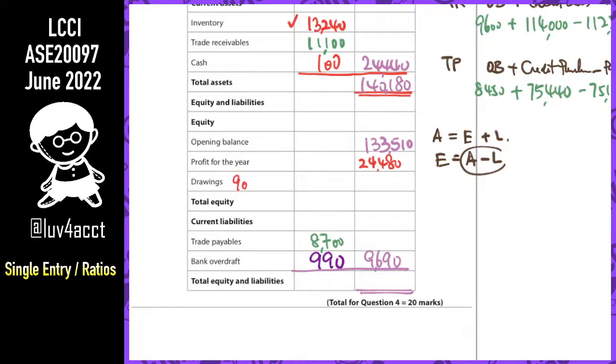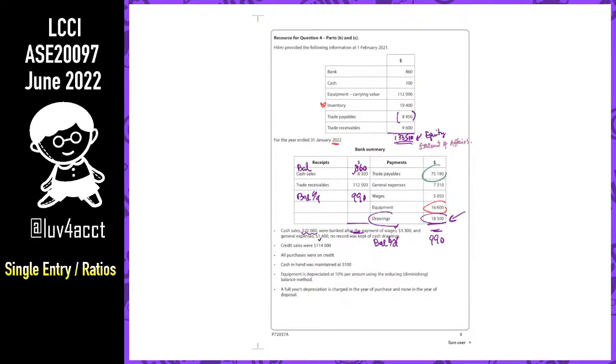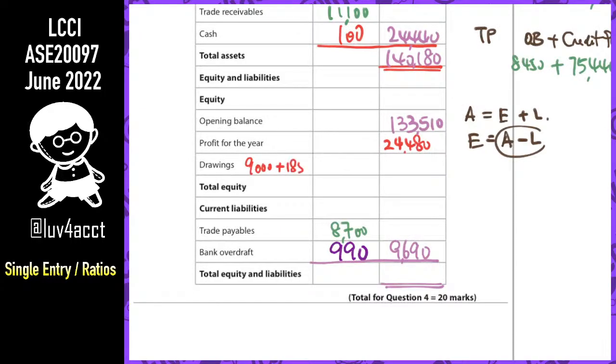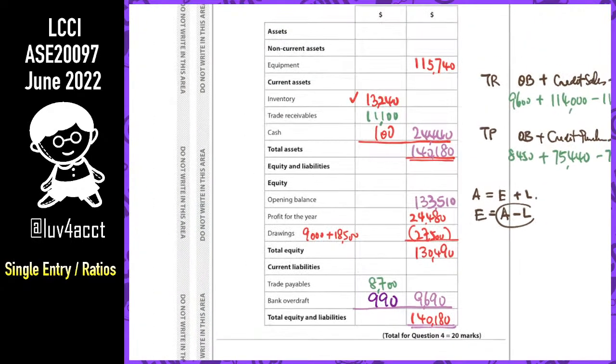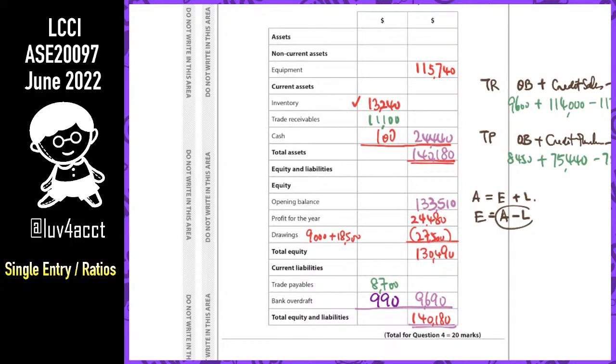Here you have 9,000 plus 18500, which is 27500. Whoa, it's close.